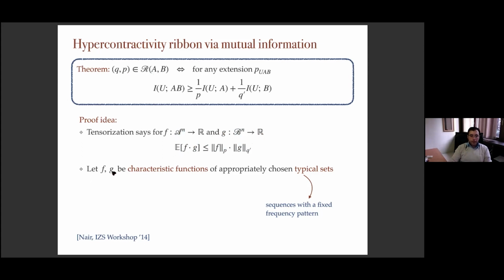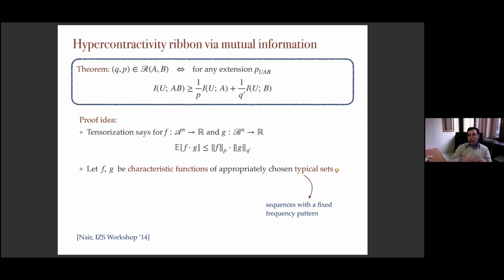Now the idea is to take f and g to be the characteristic functions of some sets. By characteristic function, I mean a function which is 1 on some set and 0 elsewhere. And what's that set? That's going to be some typical set. So I'm considering A^n.